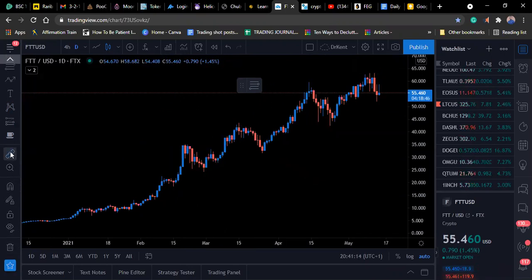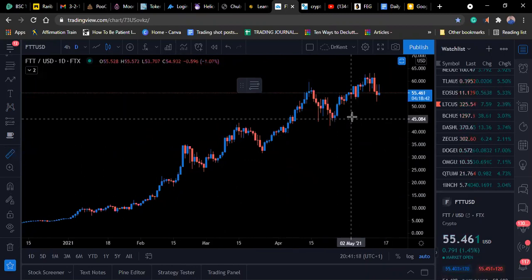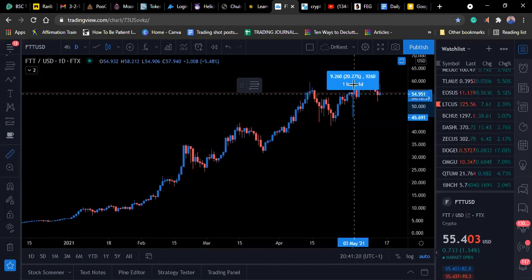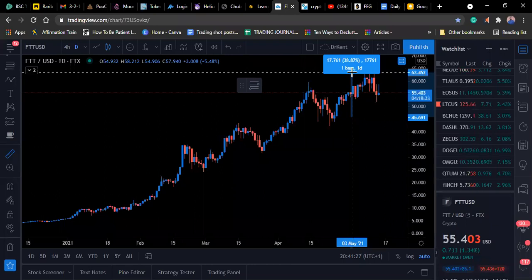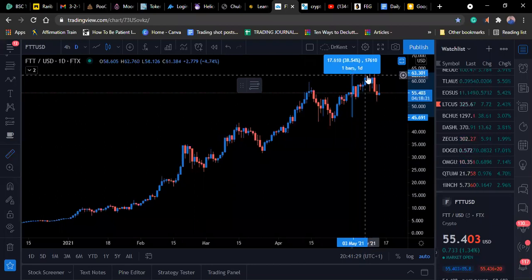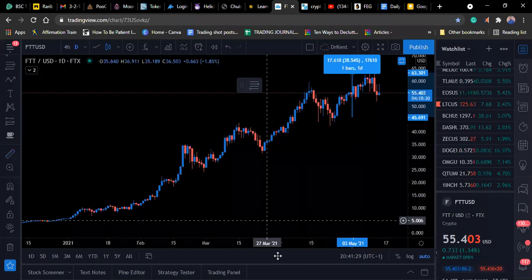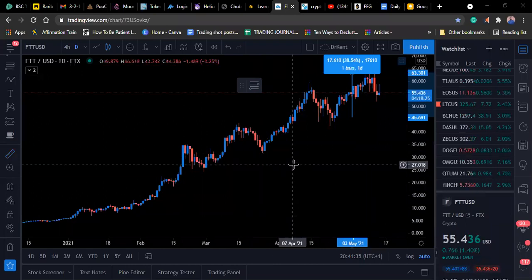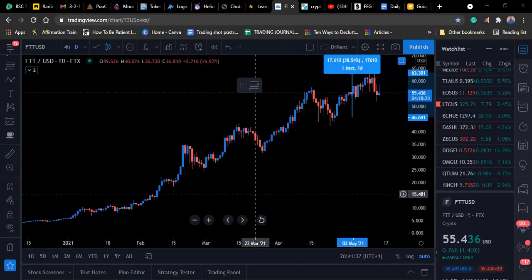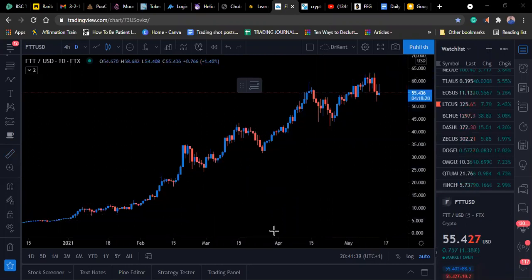Then this arrow is very important. Sometimes you can measure the percentage move from here to here using the arrow. As you can see, it is telling you that this asset has gone up. Okay, that's gone.